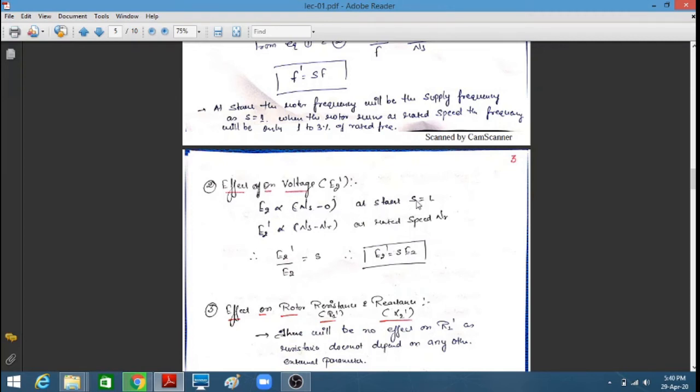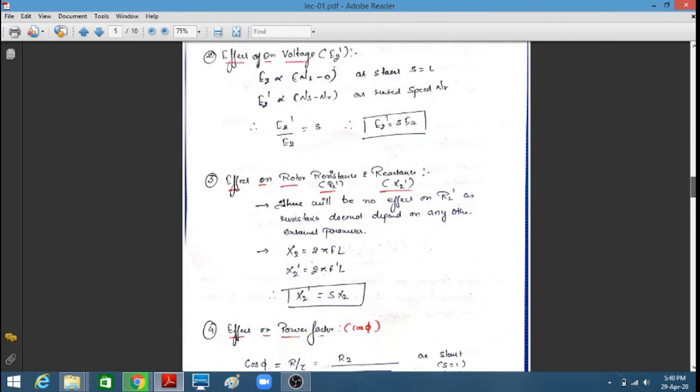At start, s is equal to 1, so E2 is proportional to 1 only. E2 dash is proportional to Ns minus Nr at rated speed. From this we can see that E2 dash is equal to s times E2. Again the voltage has reduced due to slip.